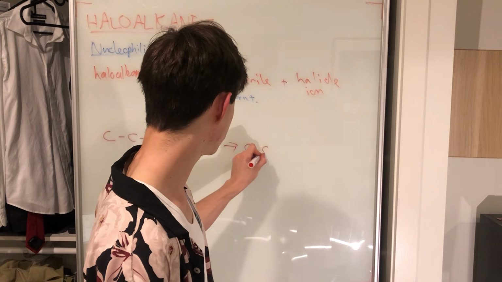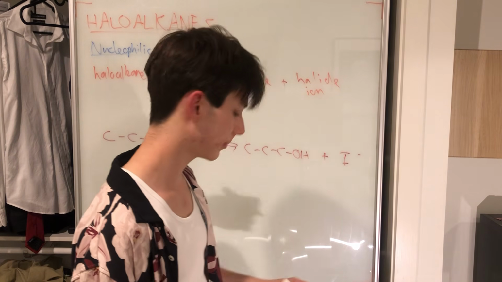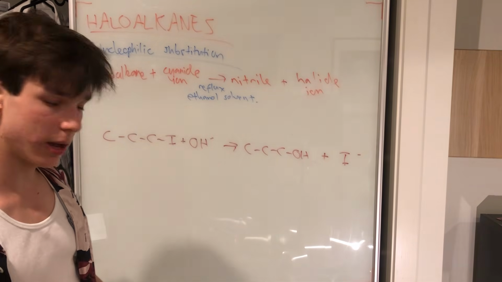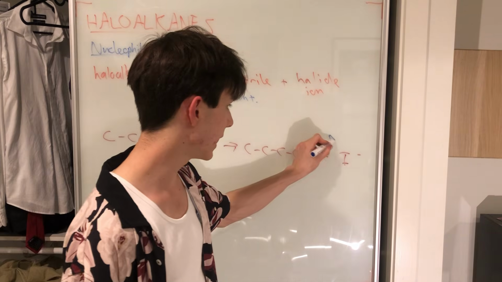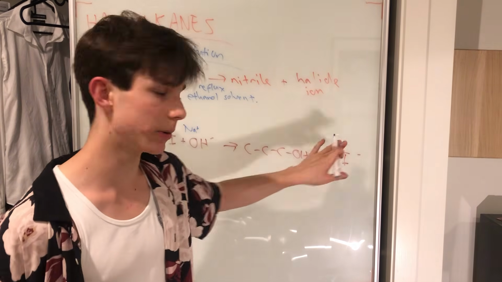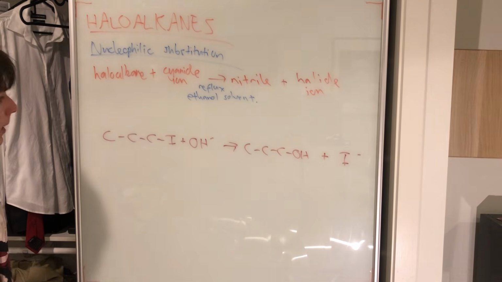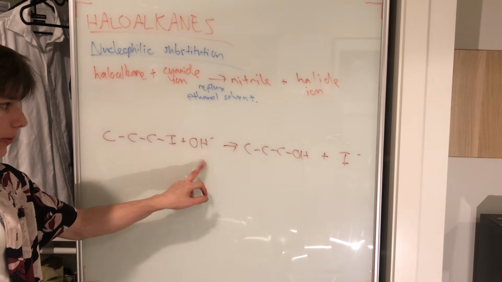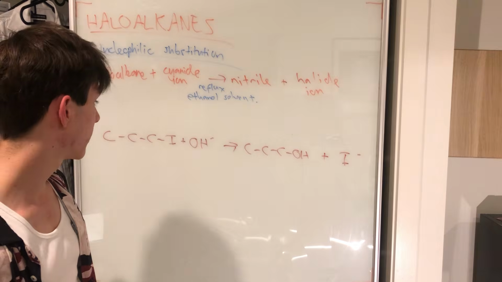So CCCOH plus I minus. Again, maybe you'd have a sodium ion. So this guy needs to have a cation, so it might be Na, sodium hydroxide, sodium iodide. But it could happen with any group 1 metal, so don't worry too much about that. We've got a haloalkane reacting with hydroxide ions. It's forming an alcohol. There you go.